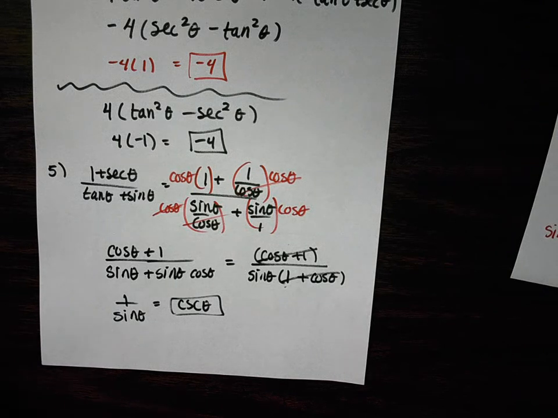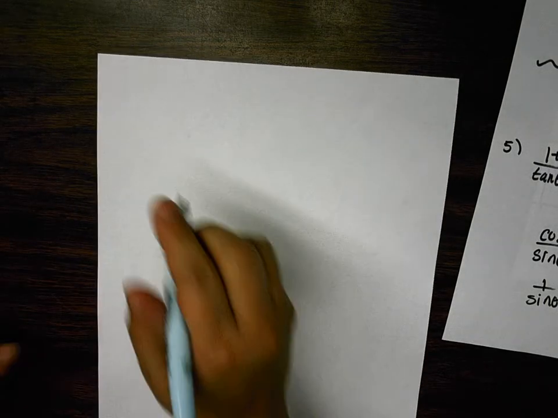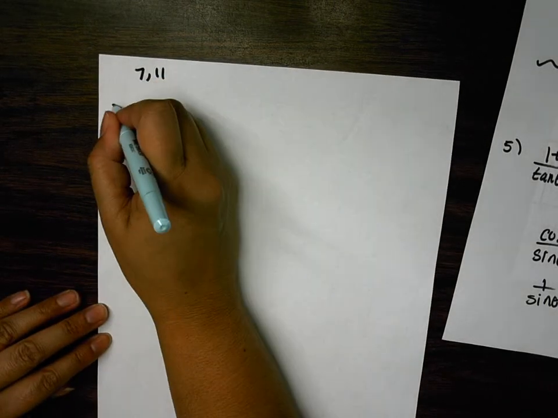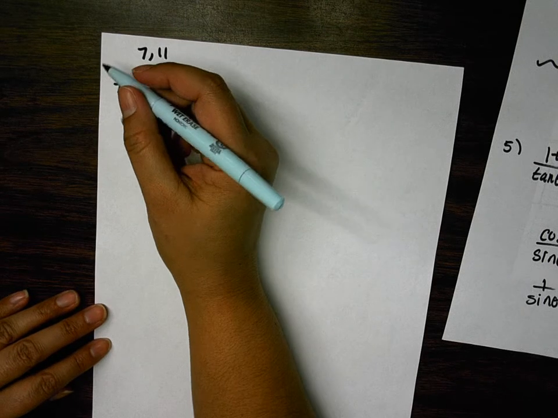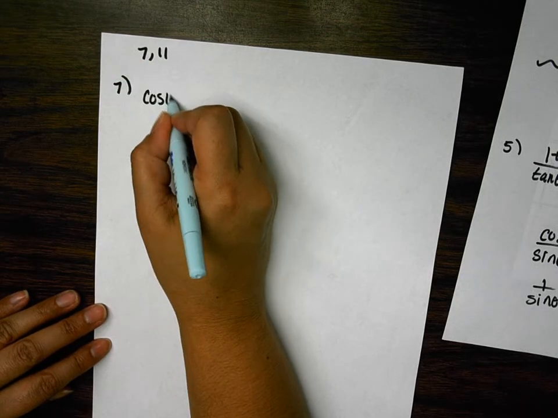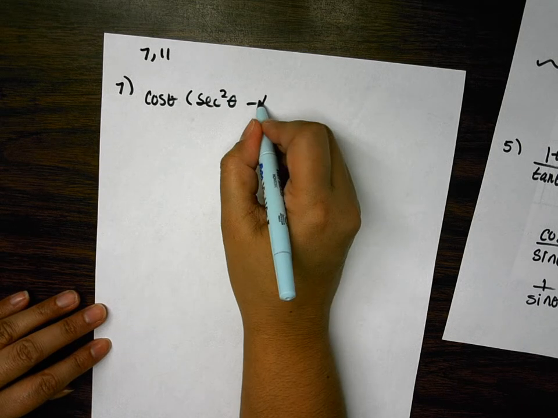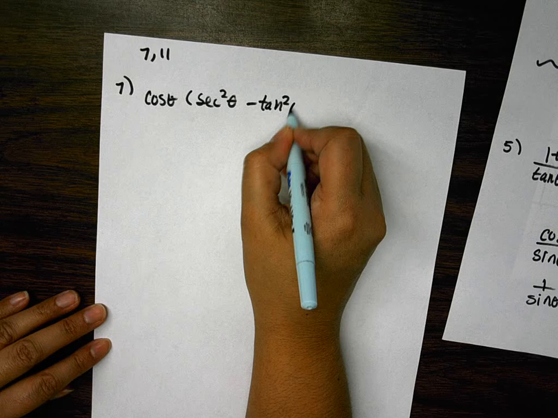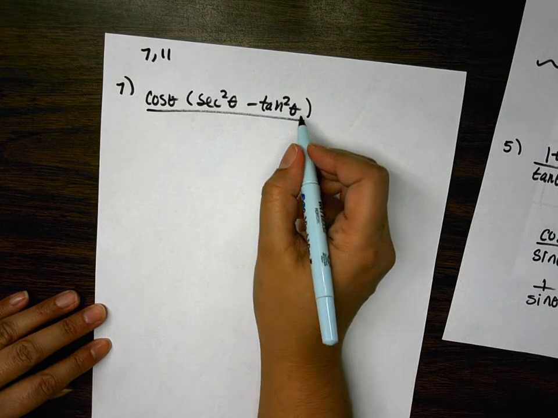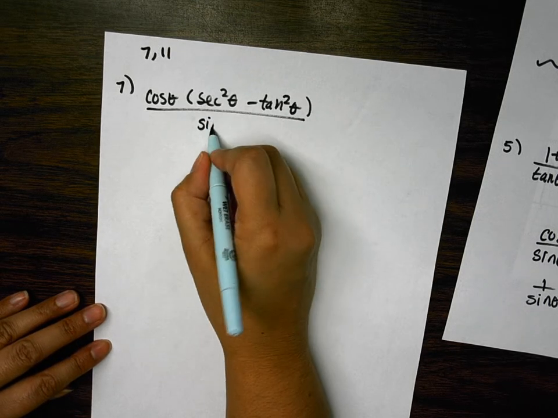What was that? Number 7? Mm-hmm. 7 and 11? Okay, number 7, cosine theta, parentheses, secant squared theta minus tangent squared theta, is that correct?